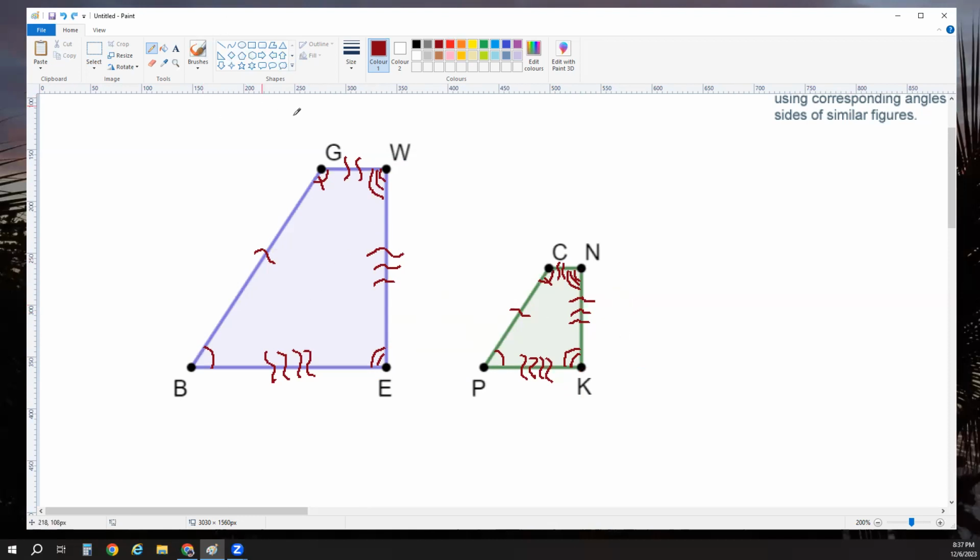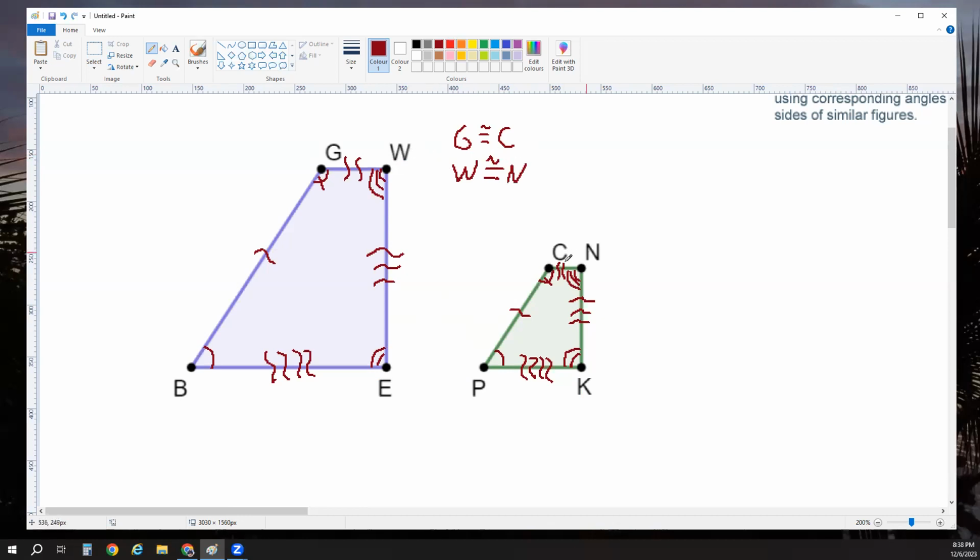I could try to confuse you with angle BGW, but I'm not going to do that. So I'm going to say that angle G is congruent to angle C. Angle W is congruent to angle N.